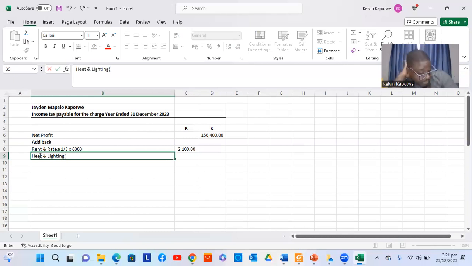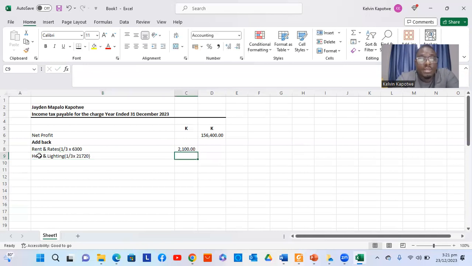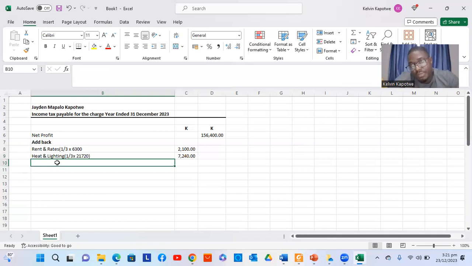Heat and lighting, we are saying 1/3 multiplied by the cost, 21,720. That will give us about 7,240 kwacha.